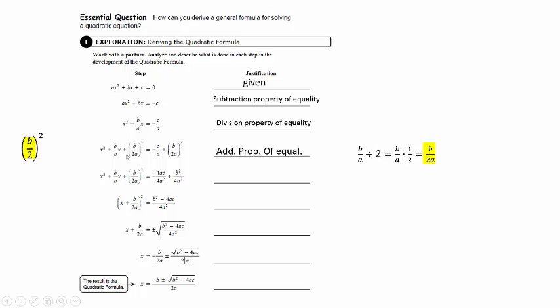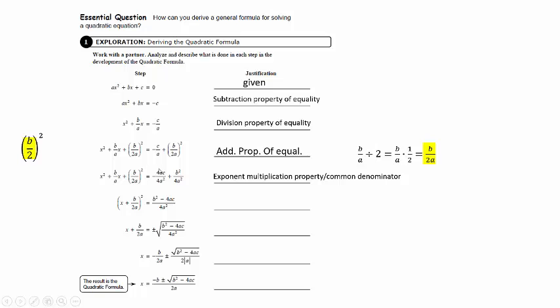And then if we look at the next step, it looks like the left side didn't change at all. It looks like they did two things here. They distributed this exponent, which is an exponent multiplication rule, and they got common denominators. It looks like they multiplied the top and bottom of this fraction by 4a.